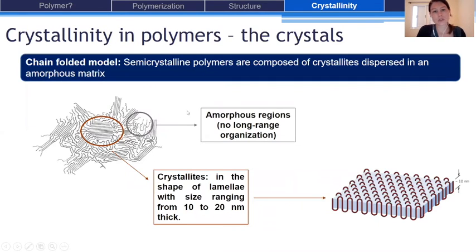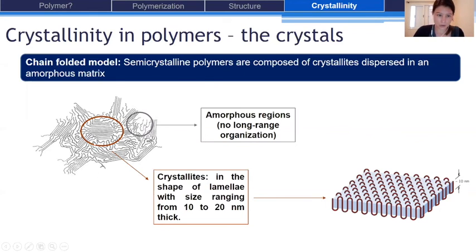And to describe how the chains are organized in semi-crystalline polymers, we can use the chain folded model. This chain folded model represents semi-crystalline polymers as composed of crystallites, which are crystals, dispersed in an amorphous matrix.